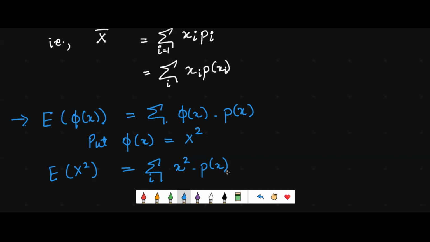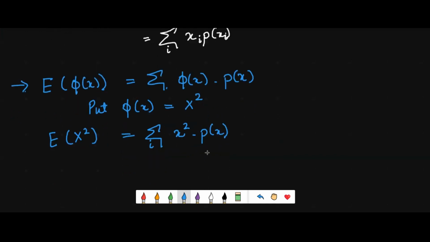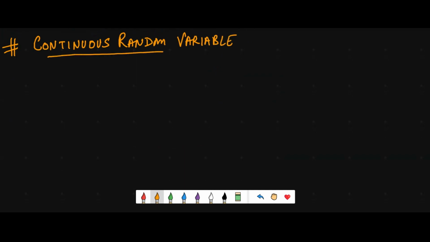So continuous random variables are those random variables in which we are talking about the range, that means the intervals.